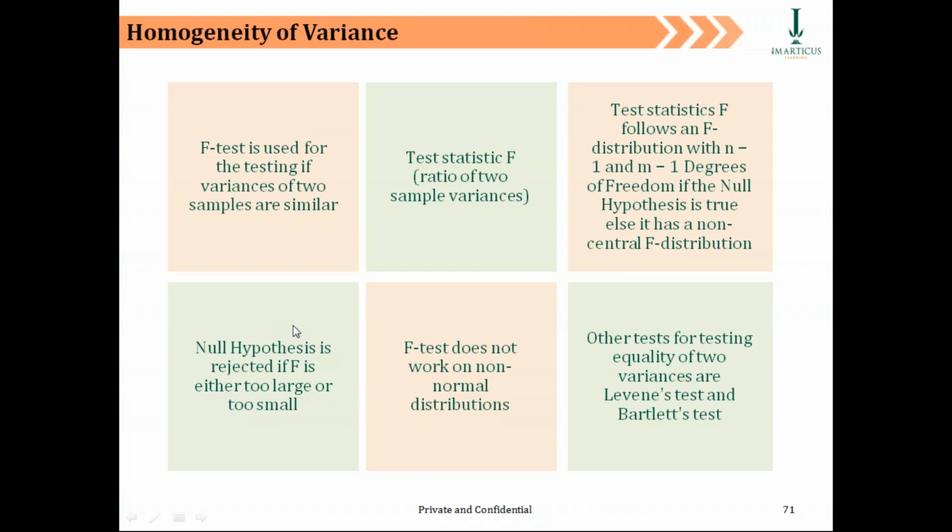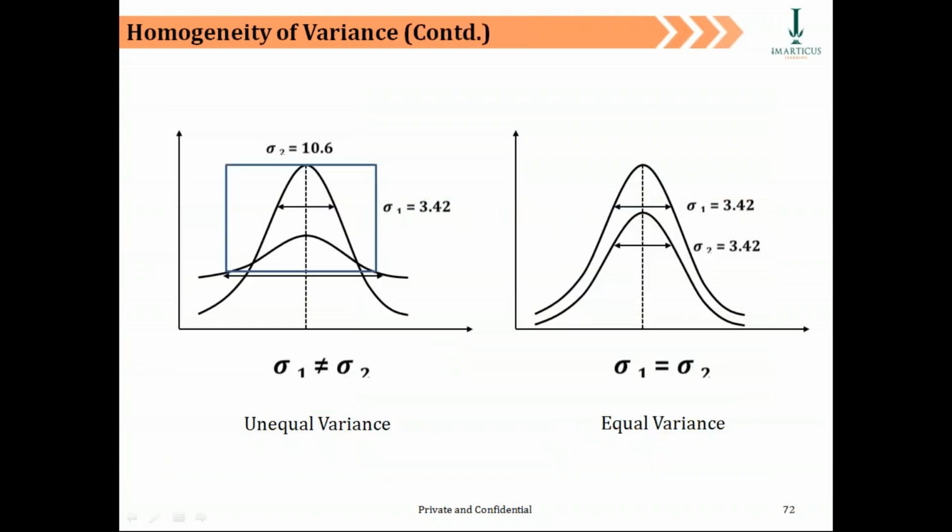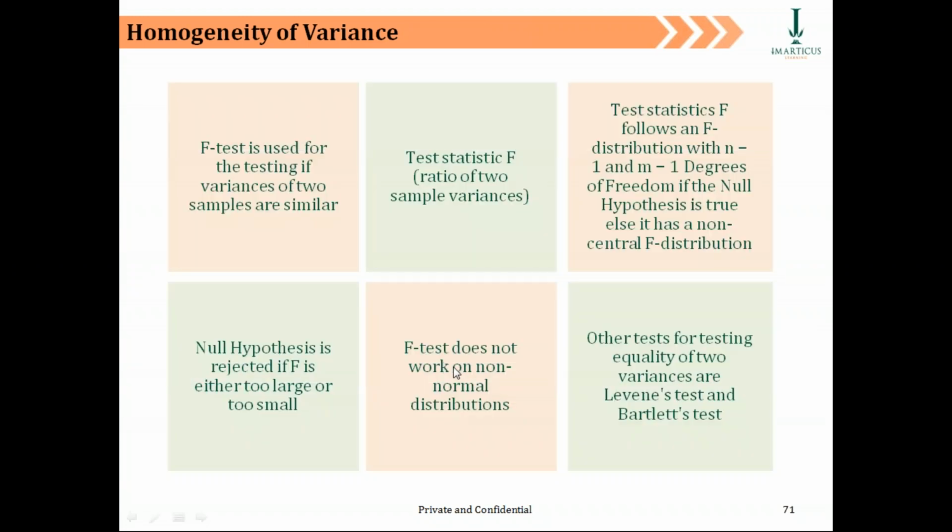Chinmay, tell me. Here we are not considering normal distributions, right? Or are we considering normal distributions? The F test is only done when your data is normally distributed. Okay. Again, both scenarios depend on how you are checking. The F test does not work on non-normal distributions. Getting here? It is only for the normal distribution. Other tests for testing equality of two variances are Levene's test and Bartlett's test. Those are much beyond this, but yes, there are other methods in statistics to check for variance.